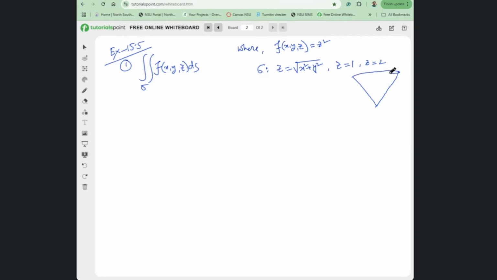Suppose this is a cone, right? This cone is cut down by z equals 1 and z equals 2. If we do so, this part will be going out, this part will also be going out, right?